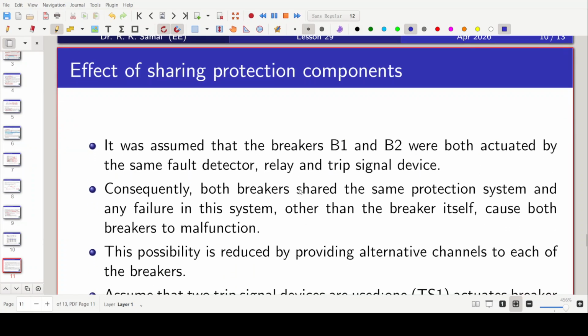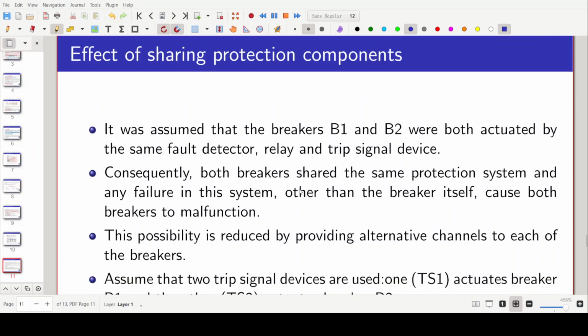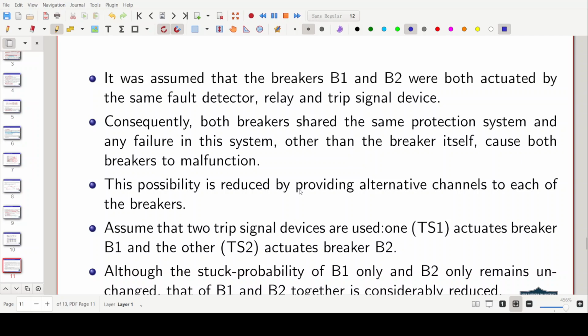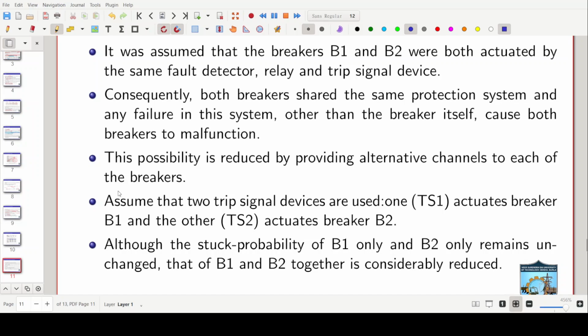So what happens when there is sharing of the protection components like main and backup protection, etc.? It was assumed that the breakers B1, B2 were both actuated by the same fault detector, relay and trip signal device. Consequently, both breakers shared the same protection system, and a failure in the system other than the breaker itself caused both breakers to malfunction.